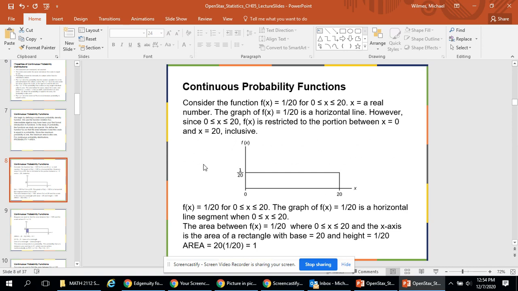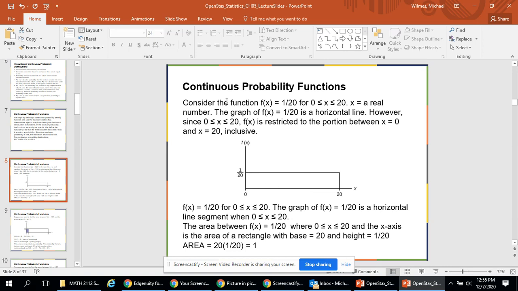All right, so here we have an example. This is going between 0 and 20, which we can notice by the x-axis going from 0 to 20. This would maybe be like rolling a 20-sided die. Each outcome has a 1 in 20 chance of happening. And what makes these unique is that we don't just find the chance of rolling a 17, because there could be decimals in here too, 17.2, 17.3.